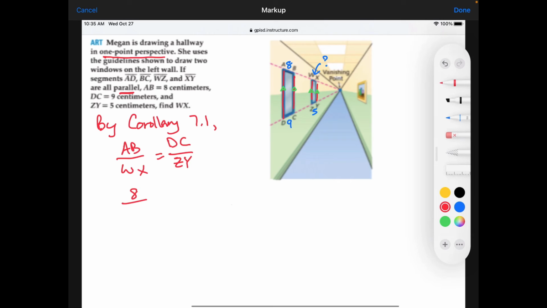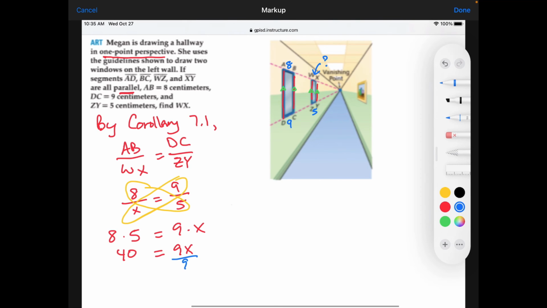So AB we know is 8. WX is what we're looking for, so I'm going to put an X because when we don't know something, we always put an X in math. DC is 9, and ZY is 5. And from here, we just take it with algebra. We use the butterfly method to solve. And so we would get 8 times 5 and 9 times X, which leaves me with 40 on the left-hand side, and 9x here.